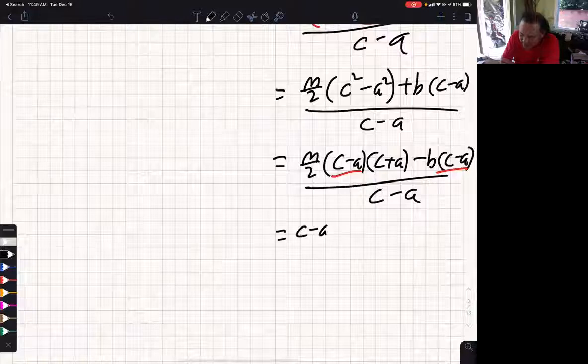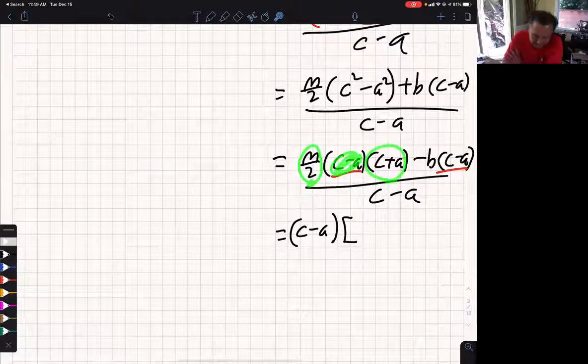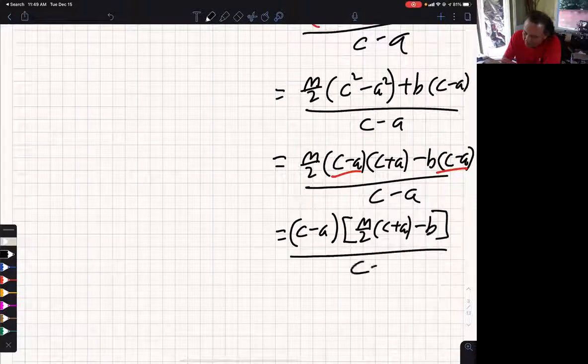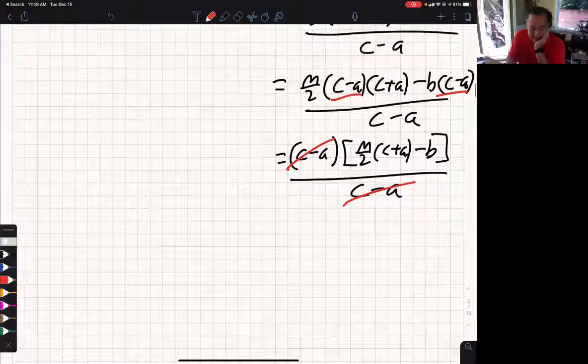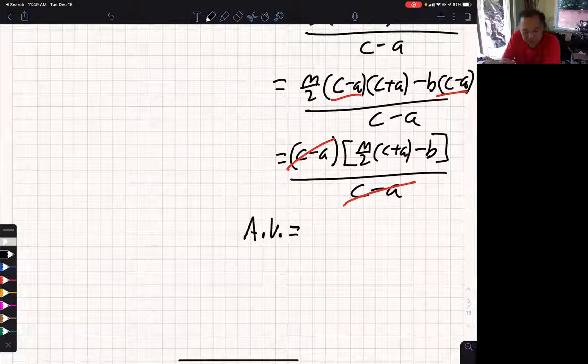So if I take the C minus A out, what am I left with? Well, that's gone. So I'm left with m over 2, C plus A. And if I take that out, I'm left with b, all over C minus A. And the beauty, the C minus A's cancel. And all that work to get to the average value of that function, I told you it's a crazy problem.